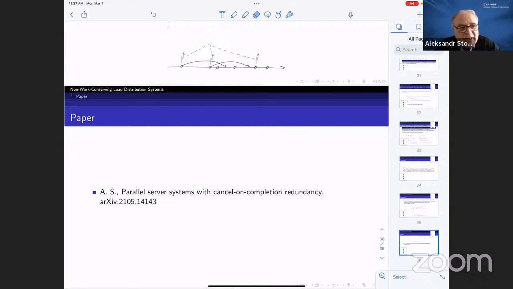I don't know. It's quite possible that for the specific system which I talked about, maybe it's almost always true. I didn't spend that much time, but I don't know counterexamples. But if you look at this model more generally, as some load distribution, then probably you can find some examples.